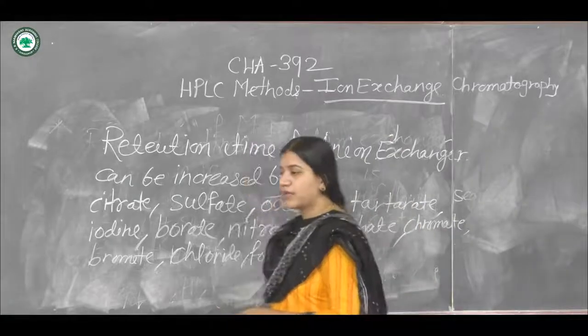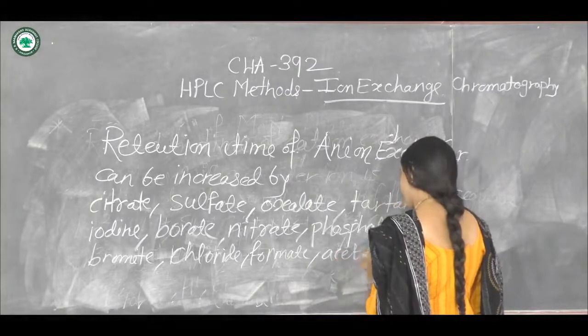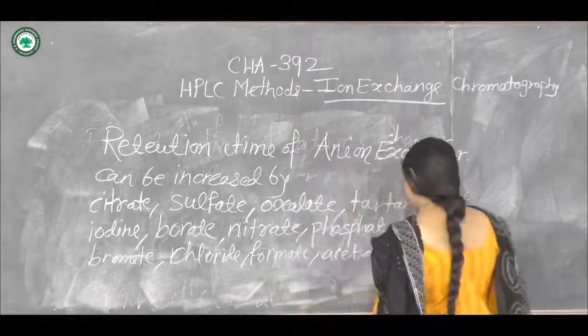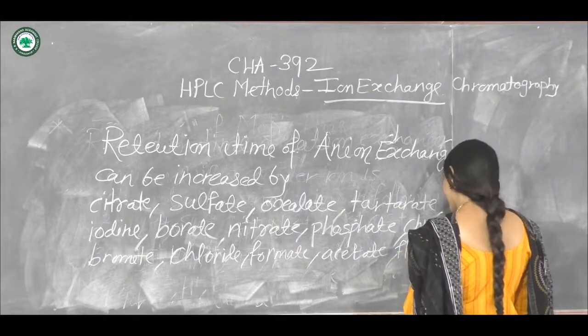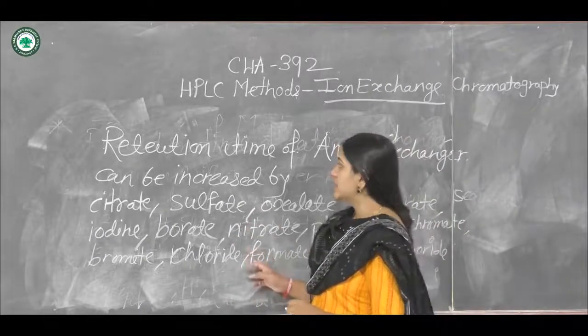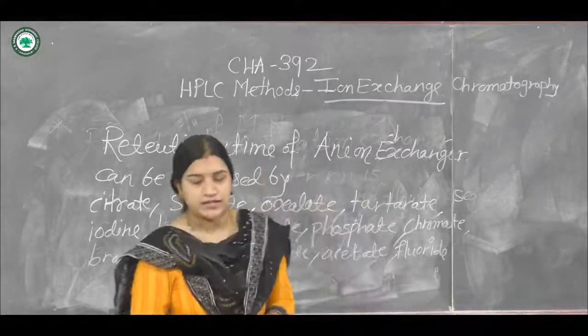Chloride, then formate, then acetate, and fluoride. So this is the sequence for the retention time of the anion exchanger.